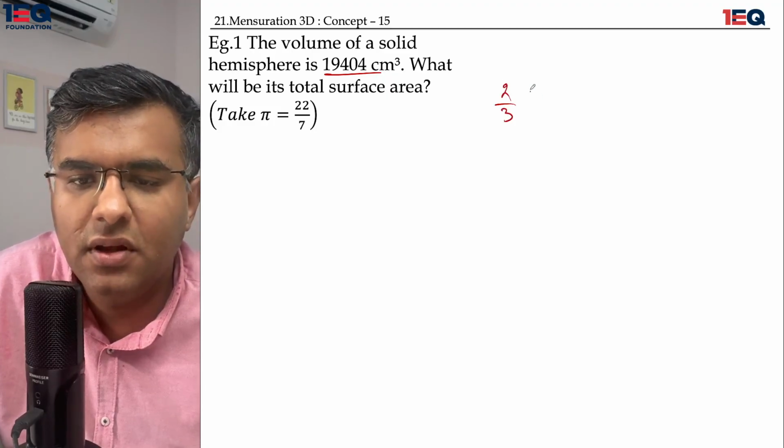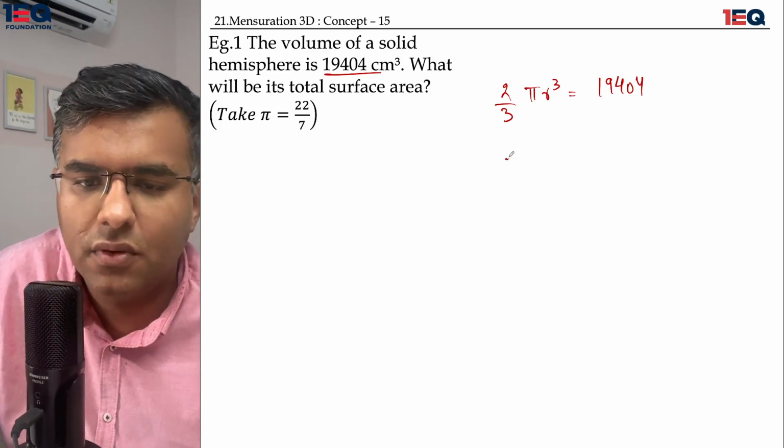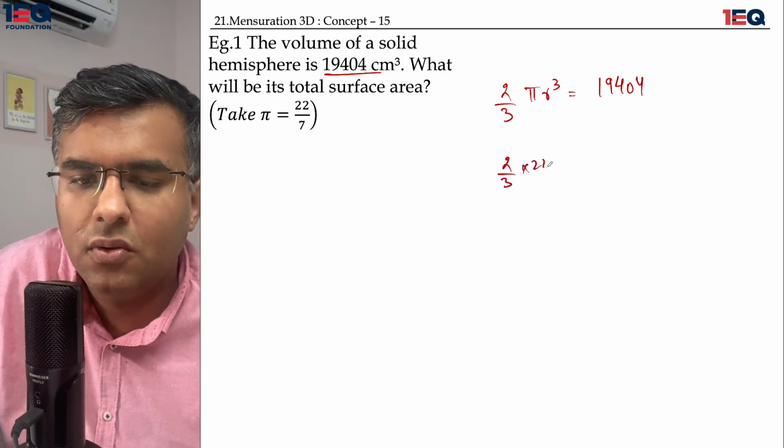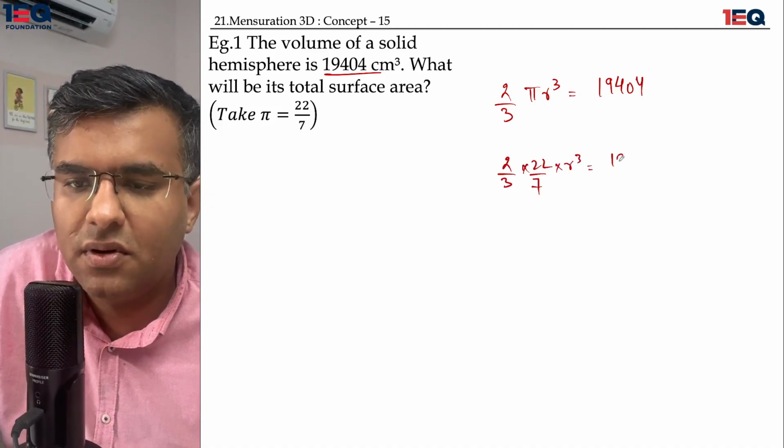2 by 3 pi r cube is equal to 19404. 2 by 3 into 22 over 7 into r cube is equal to 19404.